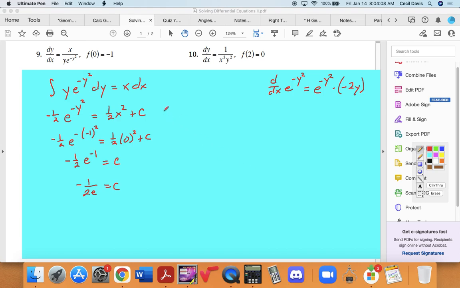So going back up to the level where we first substituted, I'm going to have negative 1/2 e to the negative y squared is equal to 1/2 x squared minus 1 over 2e.